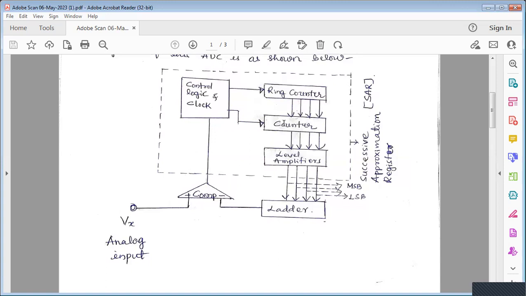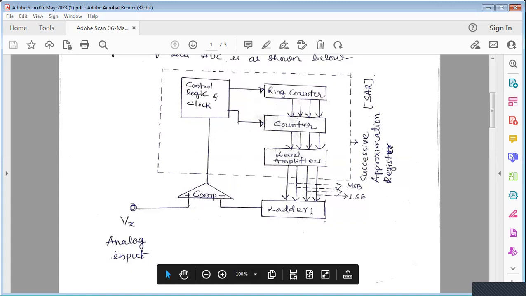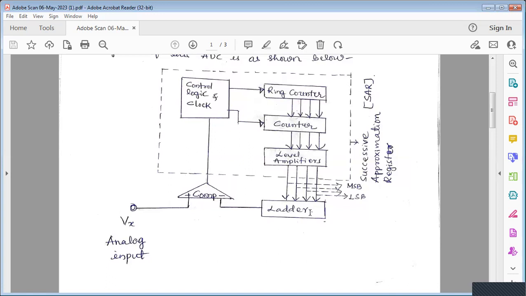The output of this SAR is given to the ladder circuit, and this ladder forms the DAC, the digital to analog converter, of this successive approximation circuit.